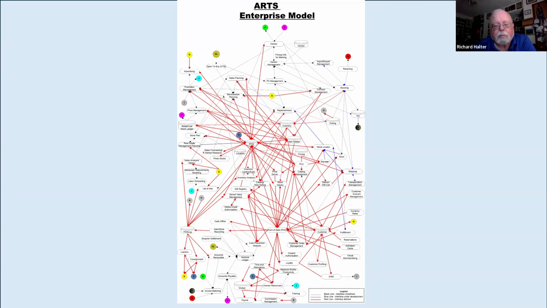We're not going to talk about that. In fact, when Sean asked me, I was like, what can I talk about that won't put everybody to sleep? And definitely this picture isn't one of them. But this picture is just as valid today as the day it was created. And all of those red lines are interconnections that I have defined standards for making them work.